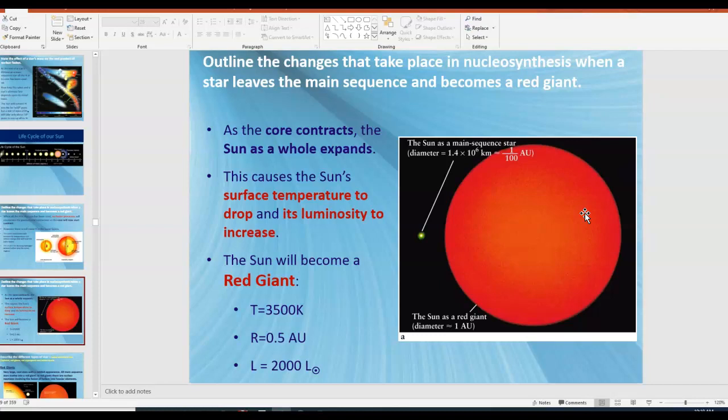Now you might ask, number one, how is it getting colder? Number two, if it's getting colder, then why would the luminosity increase?